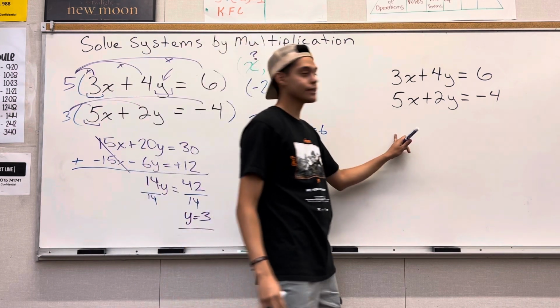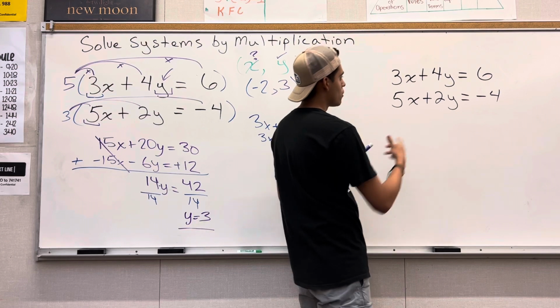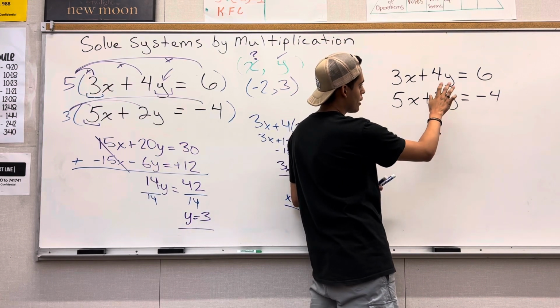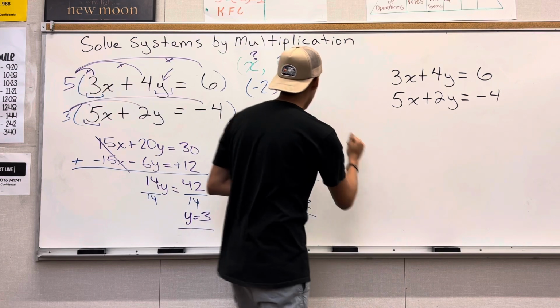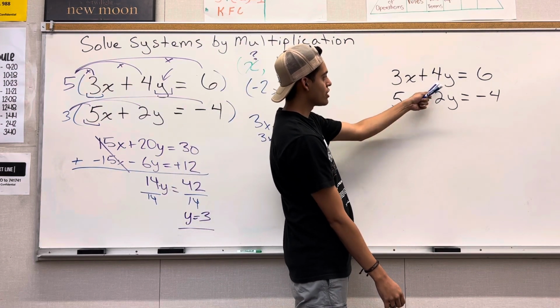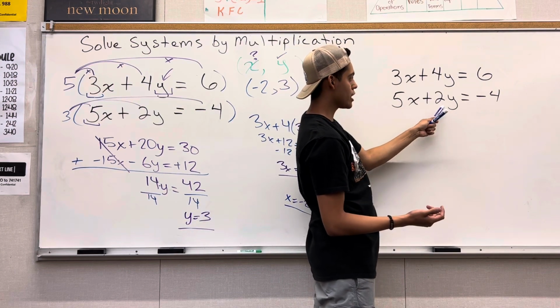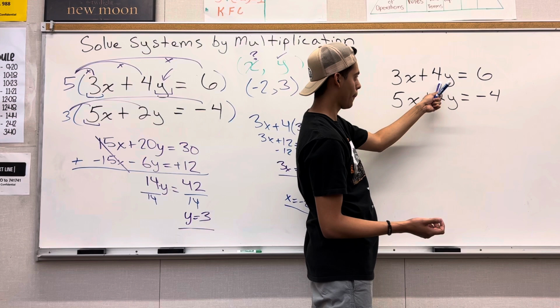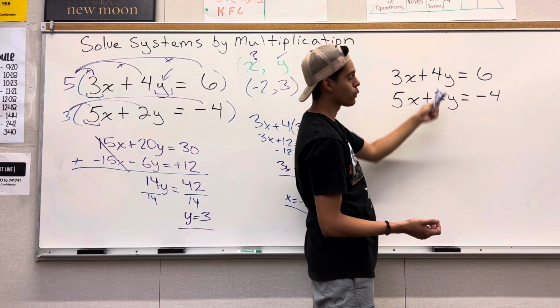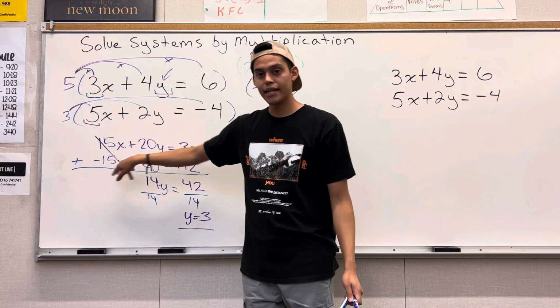Now I'm going to show you this shortcut method. Here we try to find where it's easiest to add or subtract the problem. Right here, this 2 and this 4 are basically multiples of each other. So we can change this 2 into a 4 and also make it negative in order for it to cancel out, kind of how we did over here with the 15x and negative 15x.